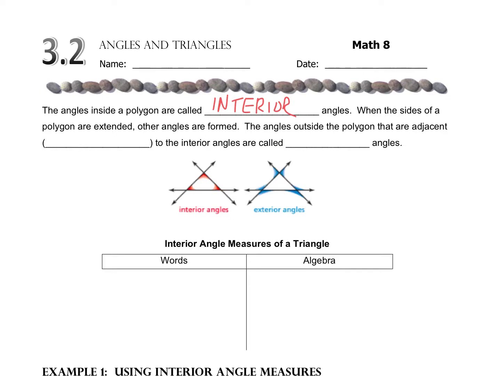The angles outside of a polygon that are adjacent, which is another word for next to, the interior angles are called exterior angles.